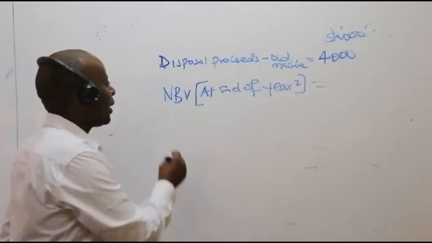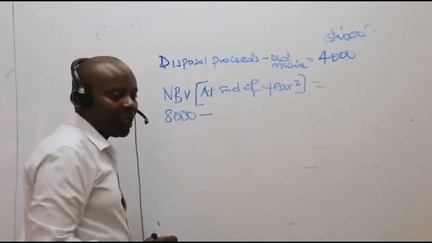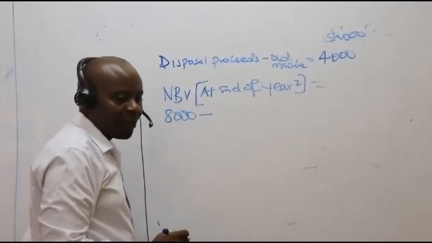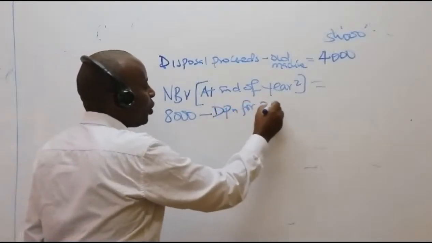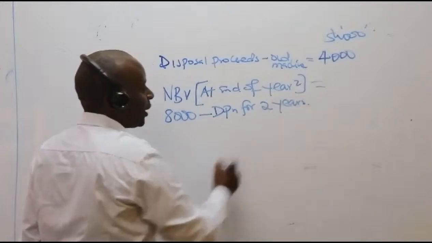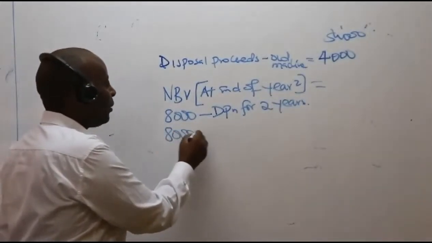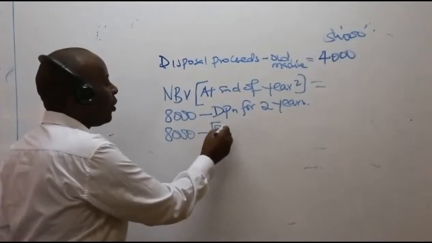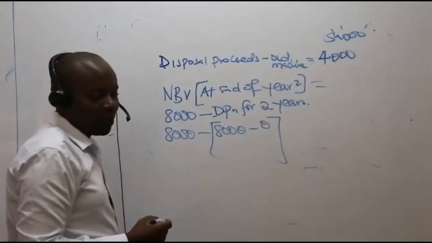So to get net book value, I'll take 8,000 minus depreciation for 2 years. Depreciation per annum will be 8,000 over 5, and the scrap value they have given us there is 0.